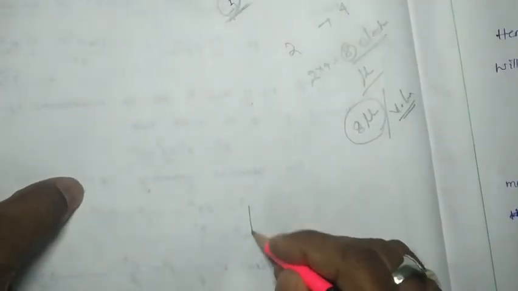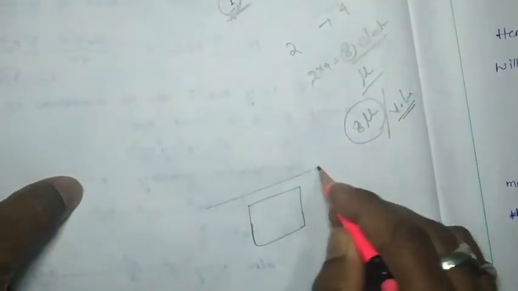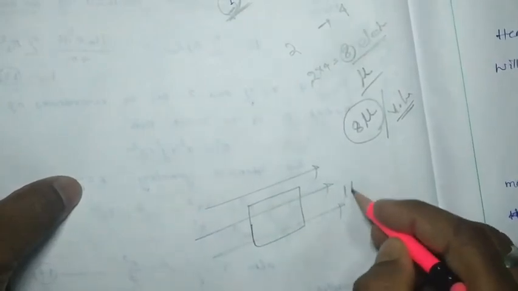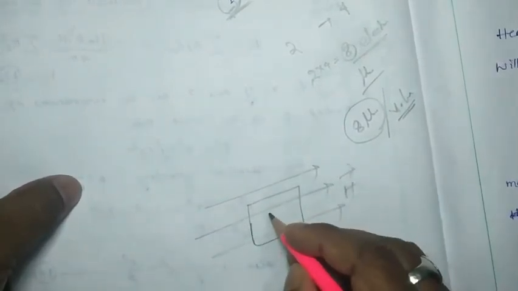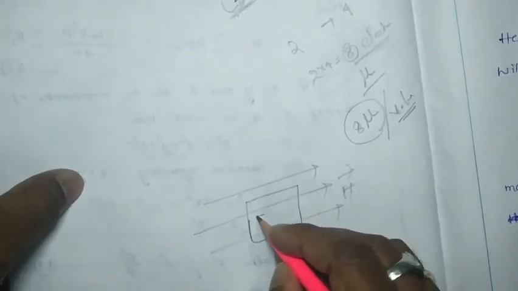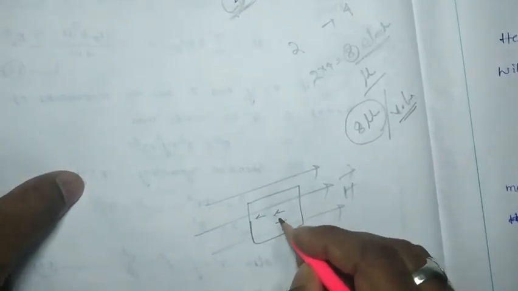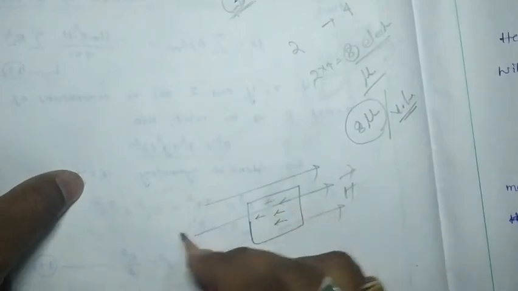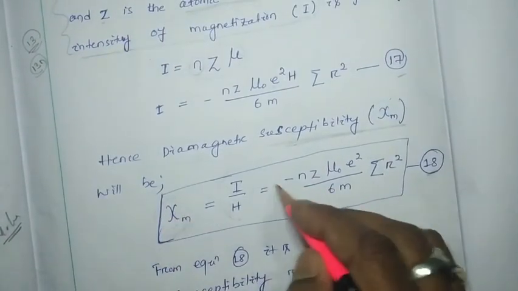That means if we consider a diamagnetic substance and apply the magnetic field, then the induced magnetic field inside it will be in the opposite direction, trying to oppose the applied magnetic field. Only for that reason chi m is negative.